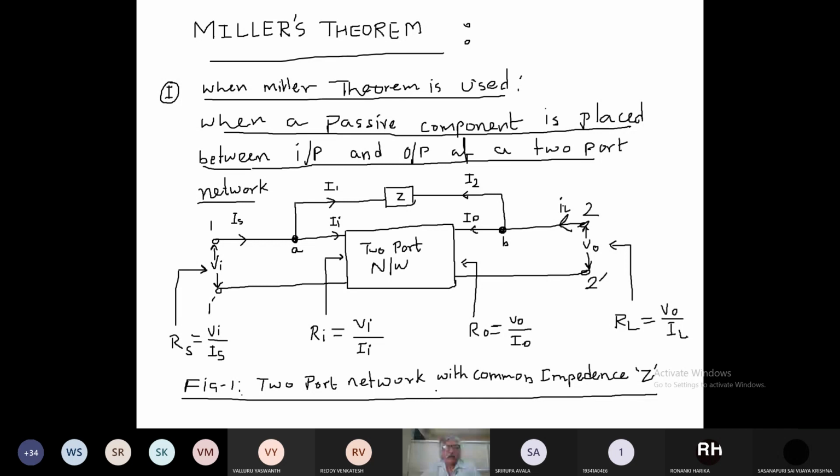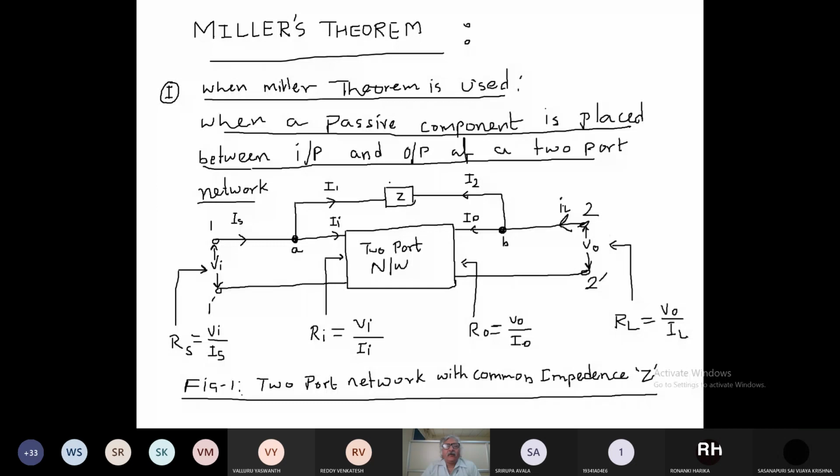It is a two-port network with a common impedance Z. This common impedance Z is connected to the input side at point A and to the output side at point B. Now we have to apply the Miller theorem so that we can break this impedance Z into two parts.